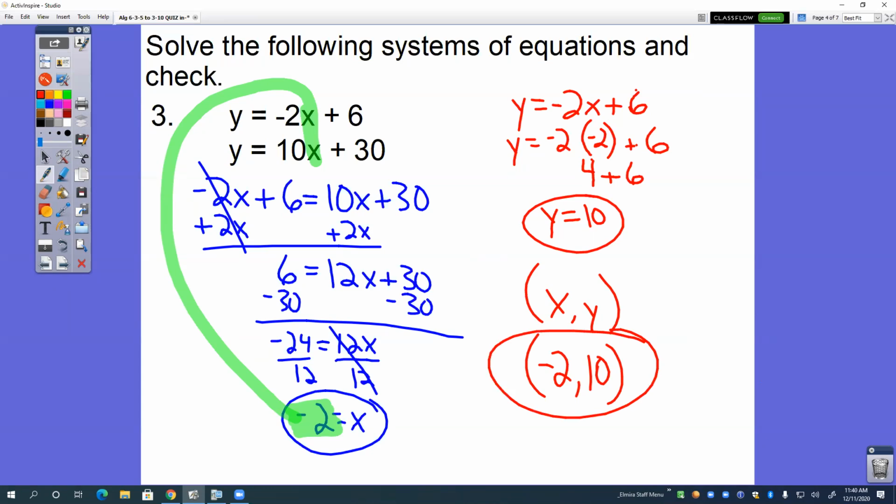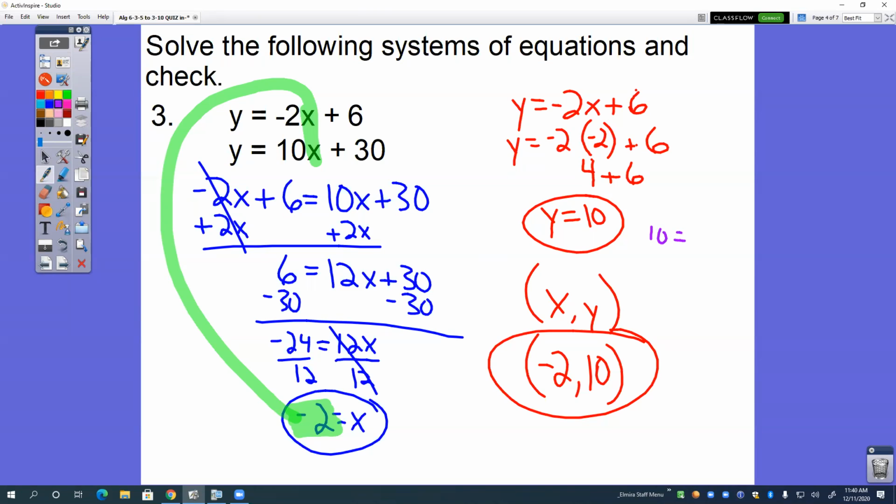Now remember, on your quiz, you could always check these answers. You don't have to check them, but you could. You could check your answers by taking your answer and subbing it in and see if you end up with the same thing on both sides of the equal sign. So looking at this first equation, instead of y equals, I would have 10 equals.